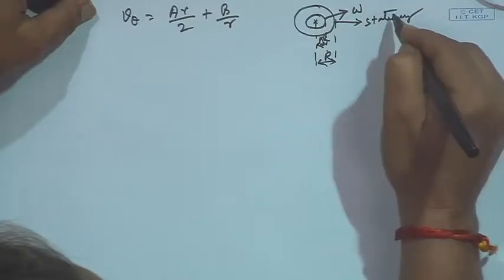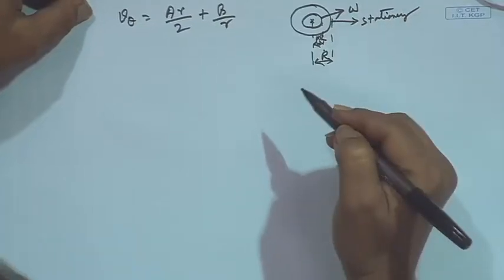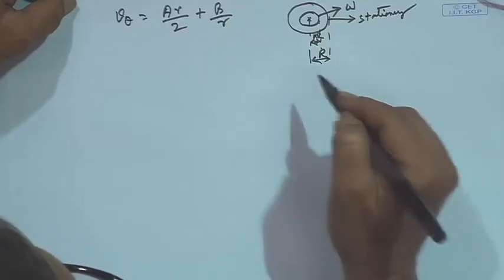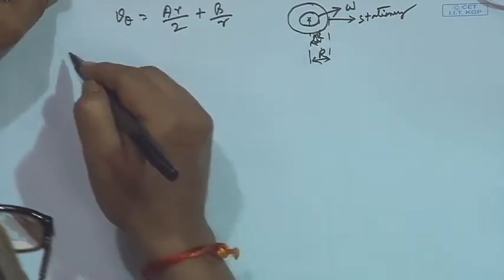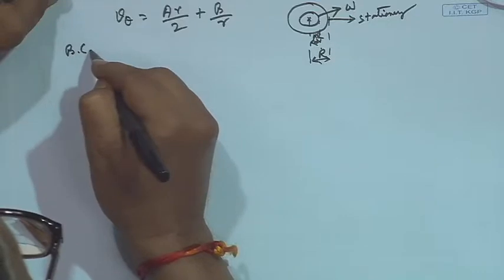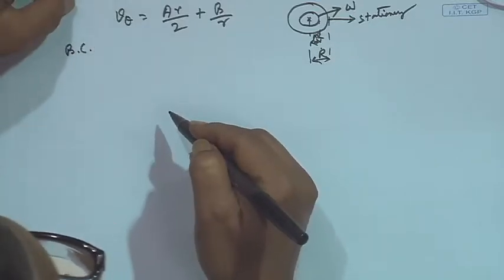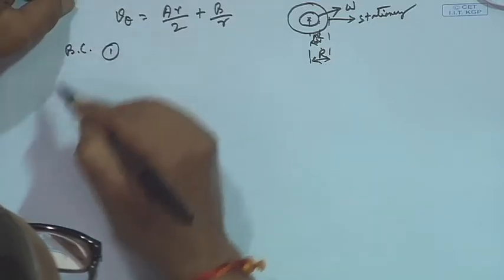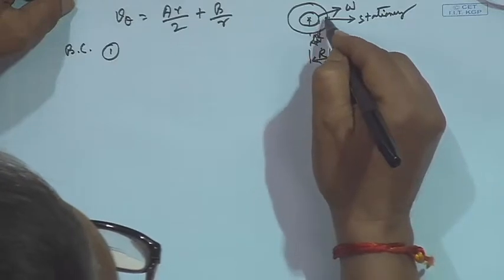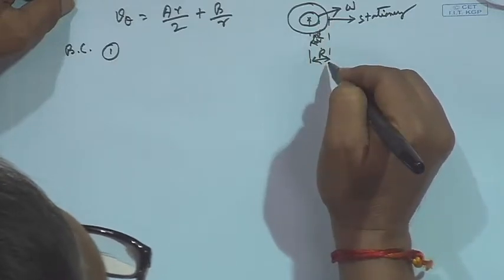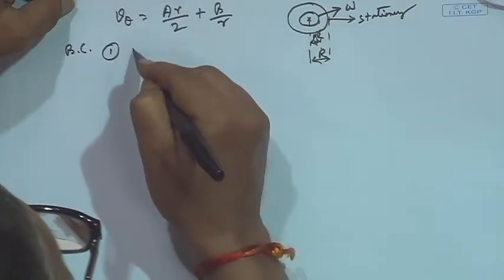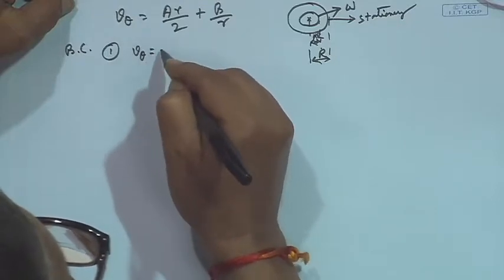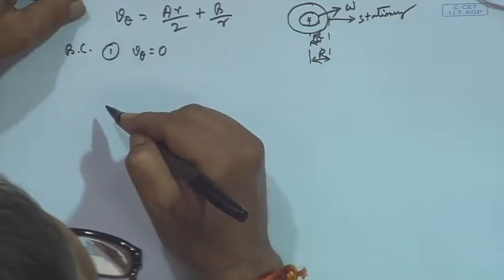Then the boundary condition 1 is the outer one is fixed, right. So, that means V theta equals 0, right.